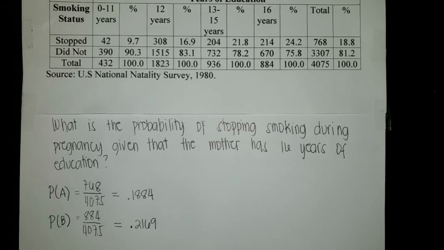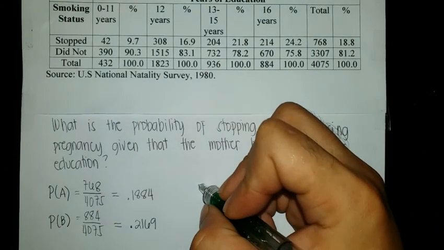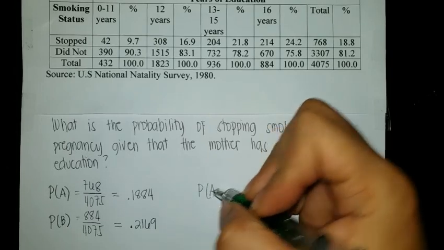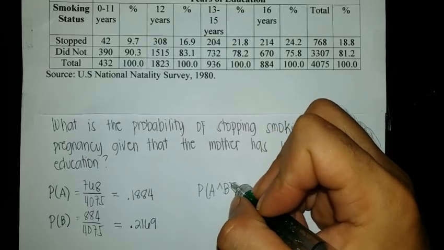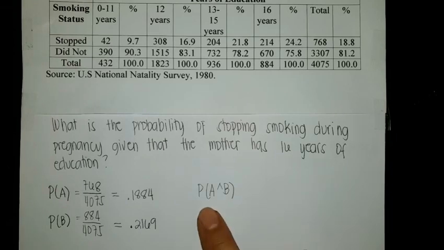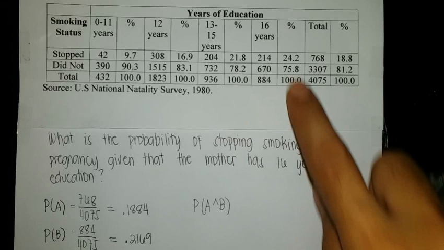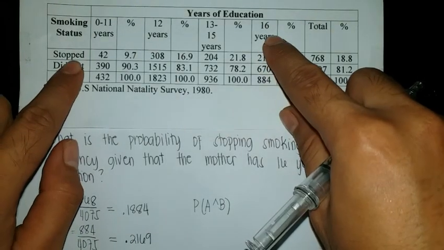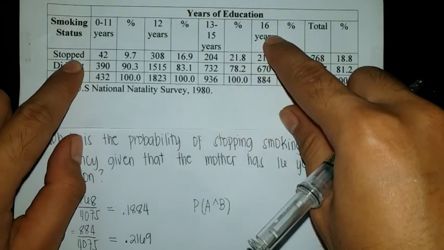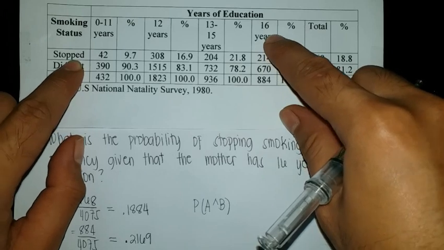Then, let us also find the probability of events A and B. When we say probability of events A and B, that will be the probability of selecting a mother who has both stopped smoking and has 16 years of education. As we can see, we have here 16 years and stop. The favorable outcomes under this will be the intersection of the two.